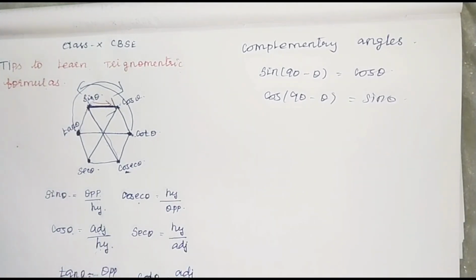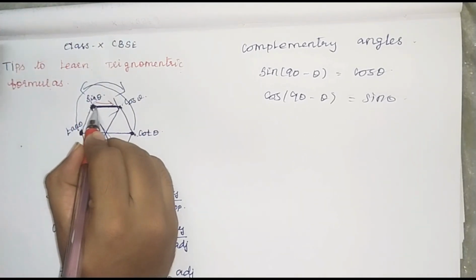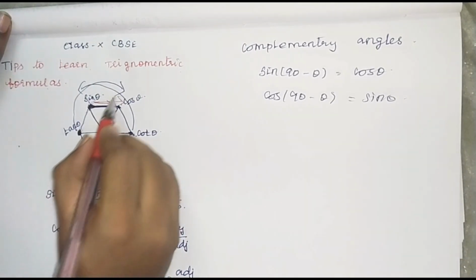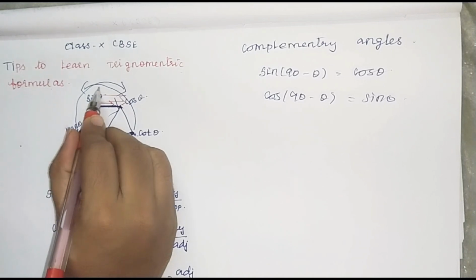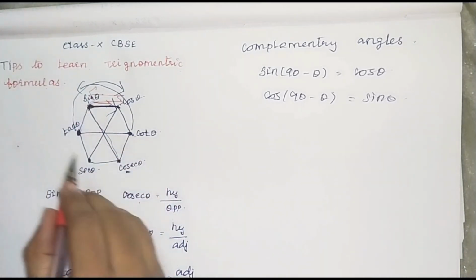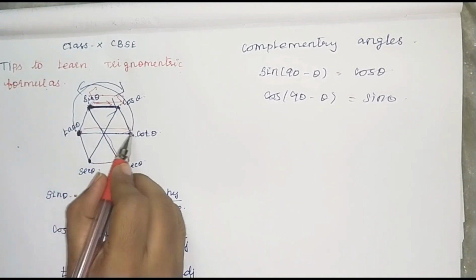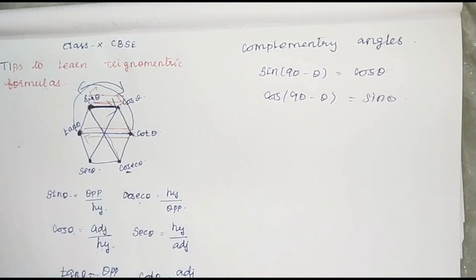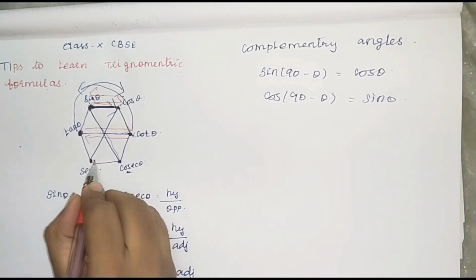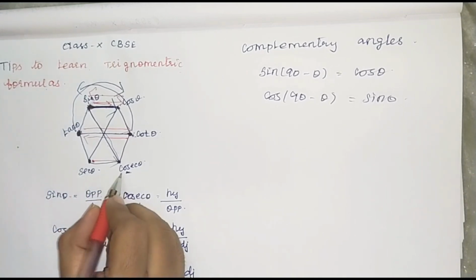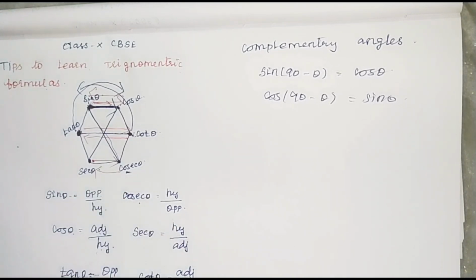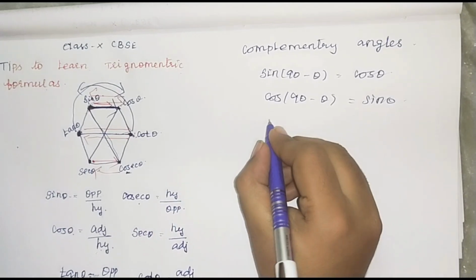So in this diagram, sine of 90 minus theta gives cos theta, cos of 90 minus theta gives sin theta, tan of 90 minus theta is cot theta, cot of 90 minus theta is tan theta, secant of 90 minus theta is cosecant theta, cosecant of 90 minus theta is secant theta.